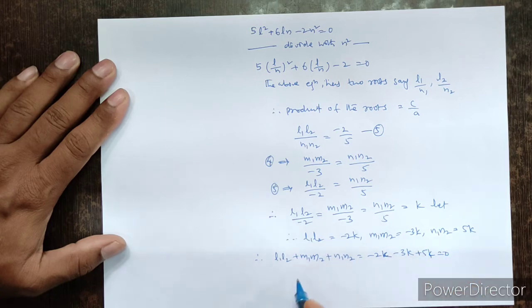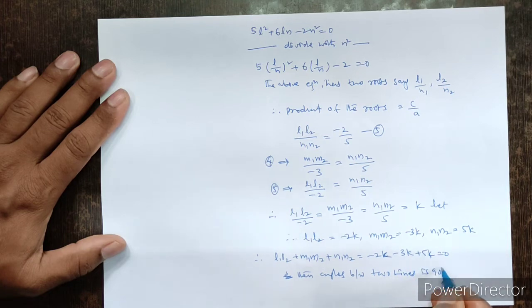Therefore the angle between the two lines is 90 degrees because L1 L2 plus m1 m2 plus n1 n2 equal to 0. That means the given lines are perpendicular to each other.